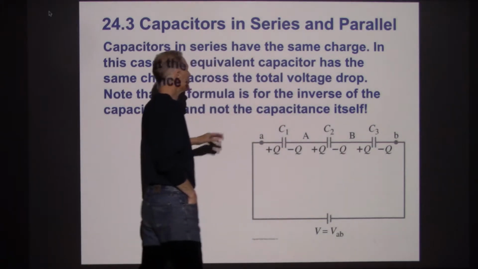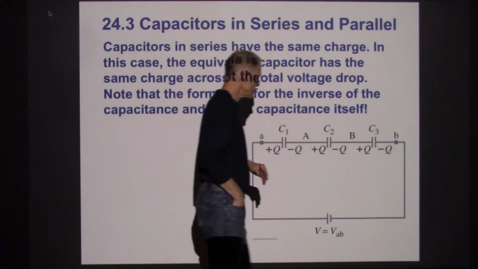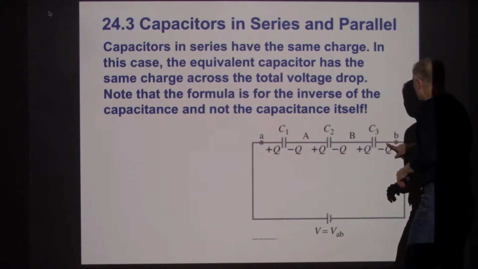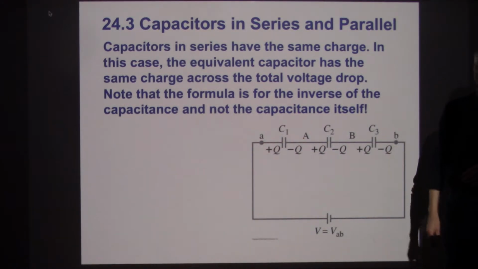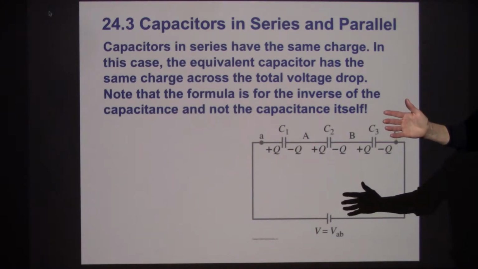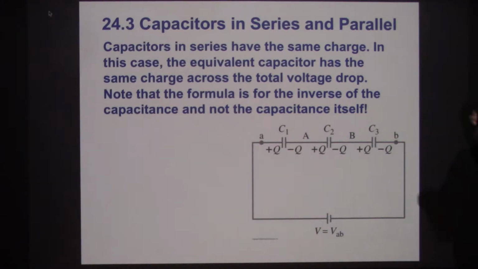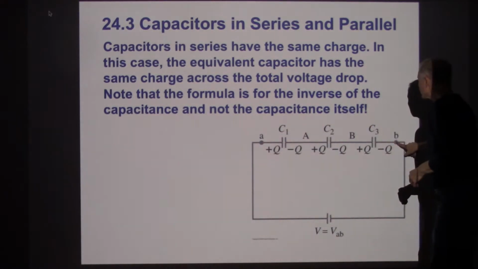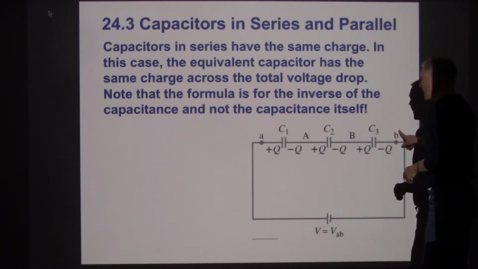Now, anytime we put devices in series, what that means is getting from A to B, I have to go through each one of those devices. They're all lined up right on the same path. There are no bypasses. There's no way to get around this. Getting from point A to point B requires going through each of the capacitors.